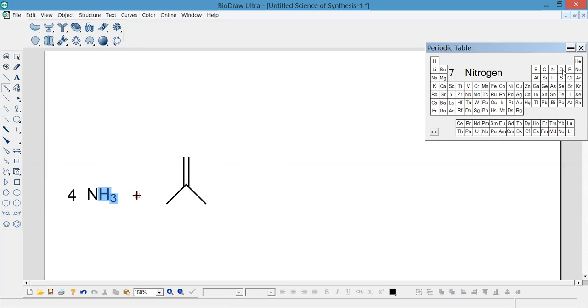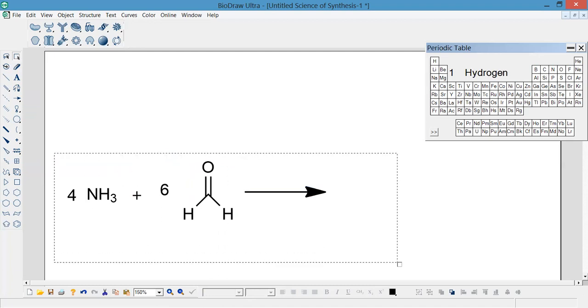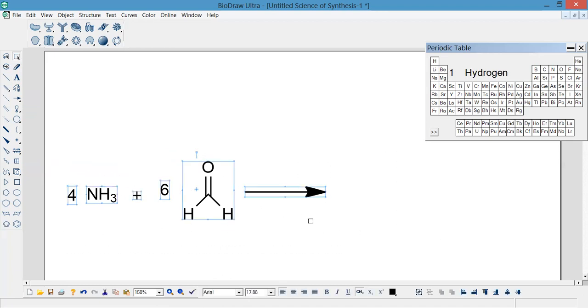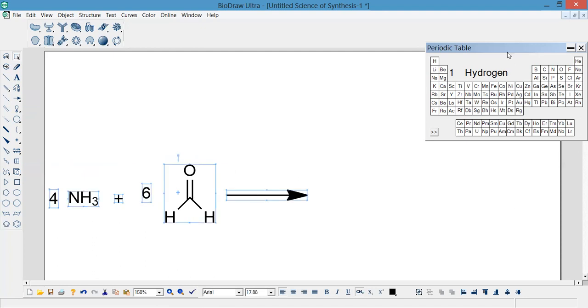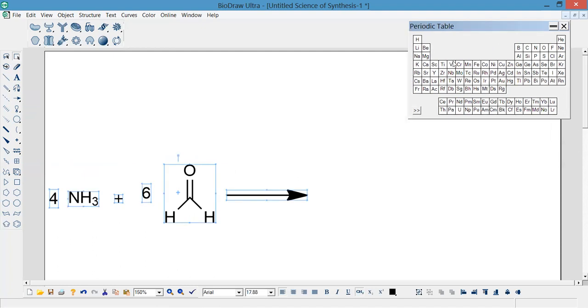Put down the oxygen atom as a carbonyl group and the hydrogen atoms. Now 6 moles of formaldehyde and 4 moles of ammonia combine together with this arrow, representing the forward reaction, converted into hexamine.